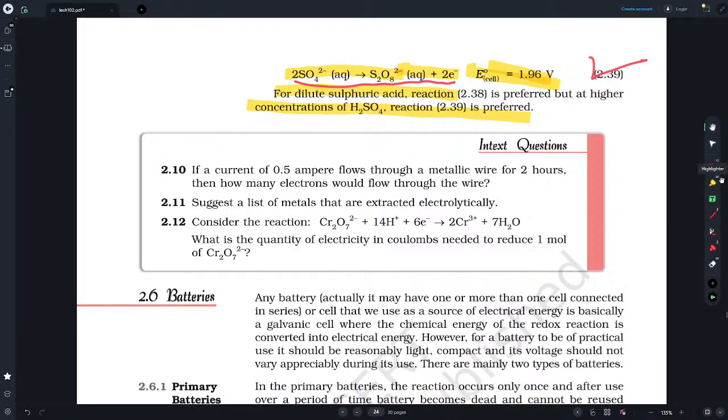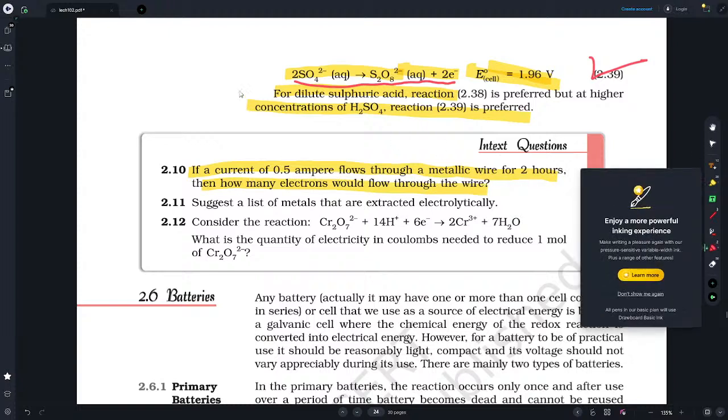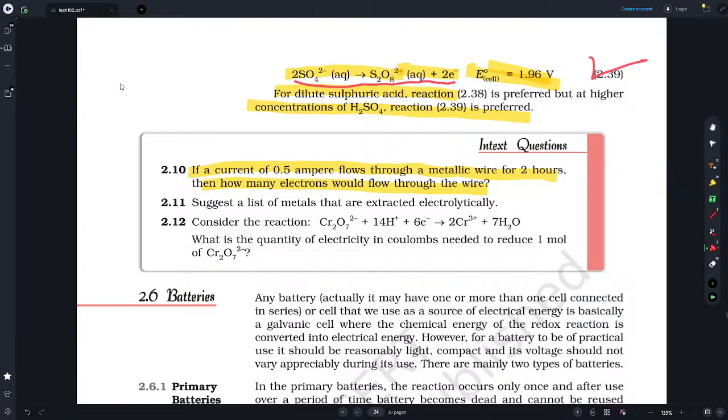Now let's see the in-text questions. If a current of 0.5 ampere flows through a metallic wire for 2 hours, then how many electrons would flow through the wire? What they give in the question is I equals 0.5 ampere.